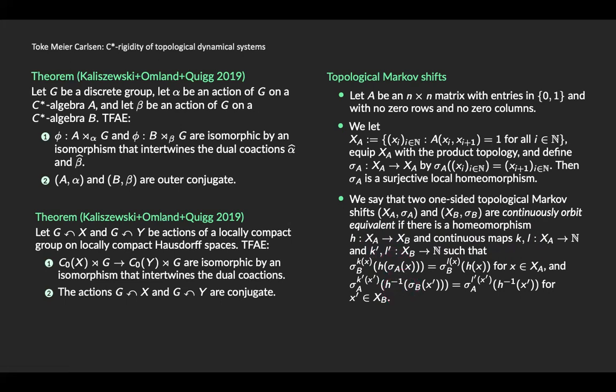So that is what we will call orbit equivalence, and then continuous orbit equivalence is when h is a homeomorphism and the maps k, l, k prime, and l prime are continuous. Okay.